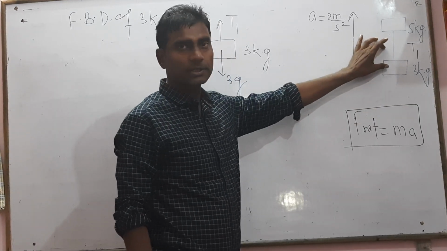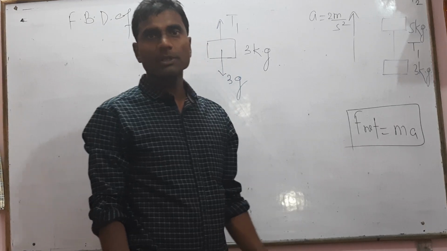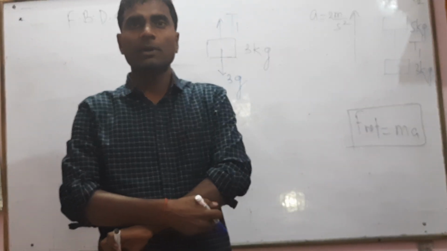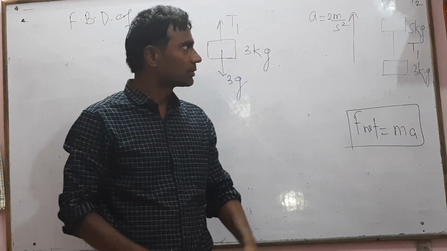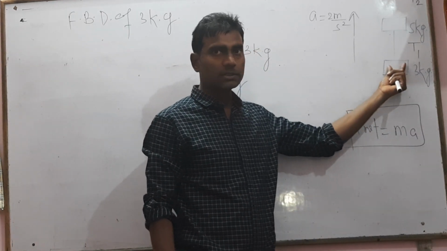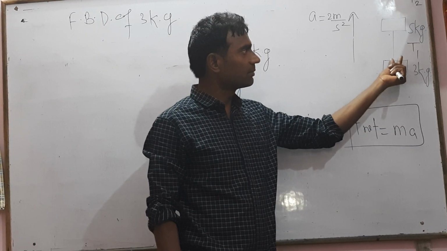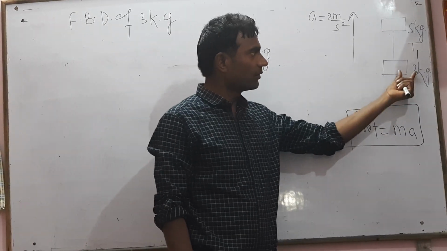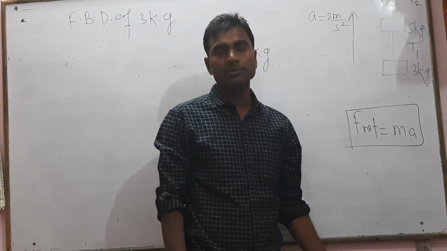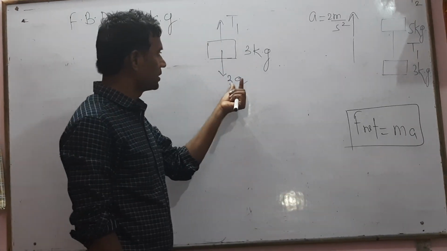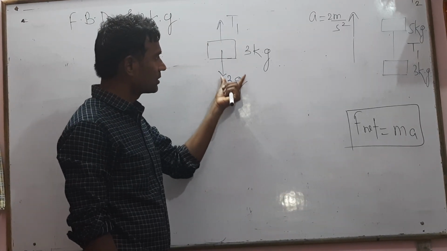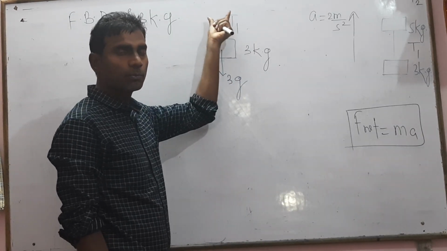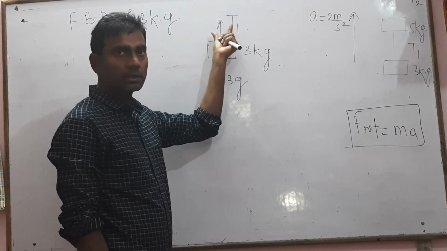First force is tension T1, because tension always acts away from the system. Weight mg always acts vertically downward. So 3g is the weight, vertically downward, and T1 is the tension, vertically upward, because tension is away from the system.